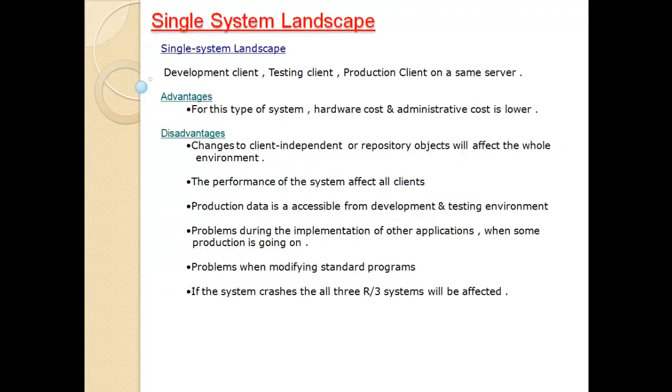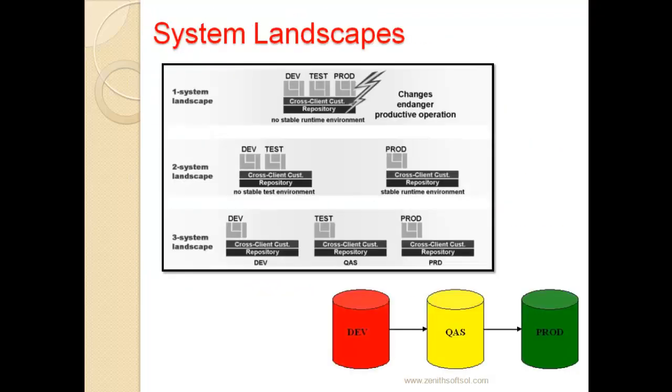As we have seen, development is indicated by DEV, whereas quality is indicated by QAS. Similarly, production is indicated by PRD. In any company, you will find the system identification when you log on. System identification is nothing but three characters used to identify the systems.